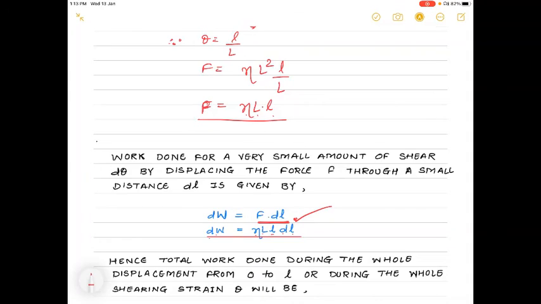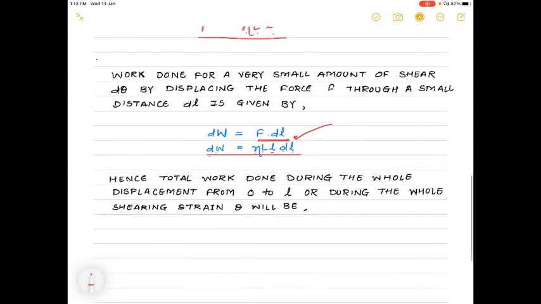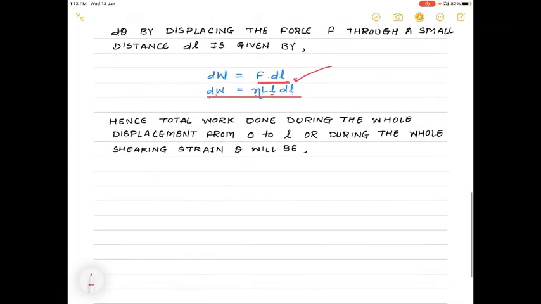Hence the total work done during the whole displacement from 0 to small l, or during the whole shearing strain theta, will be given as W equals the integration from 0 to l of eta L small l dl, which is equal to half of eta L small l squared.